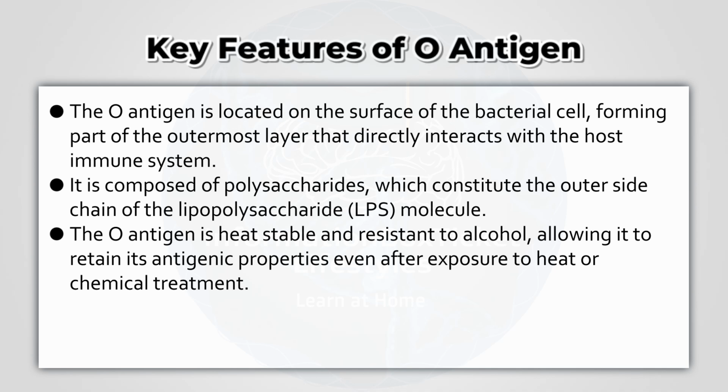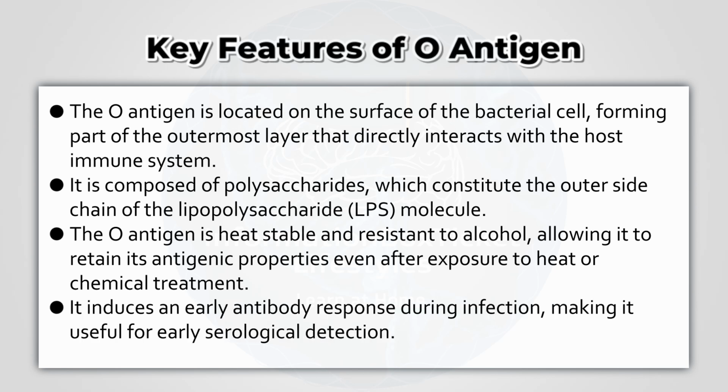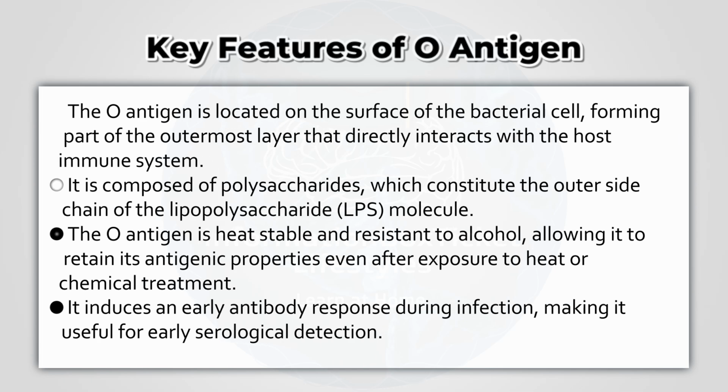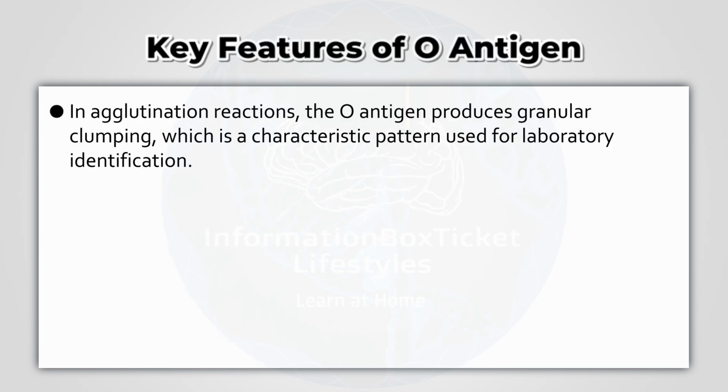heat or chemical treatment. It induces an early antibody response during infection, making it useful for early serological detection. In agglutination reactions, the O antigen produces granular clumping, which is a characteristic pattern used for laboratory identification.